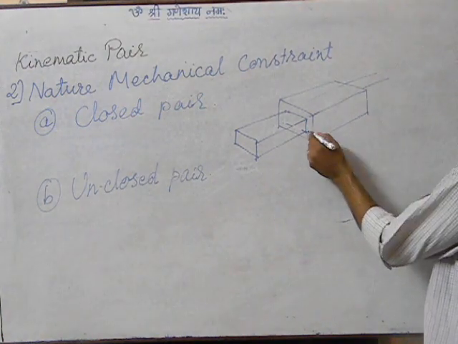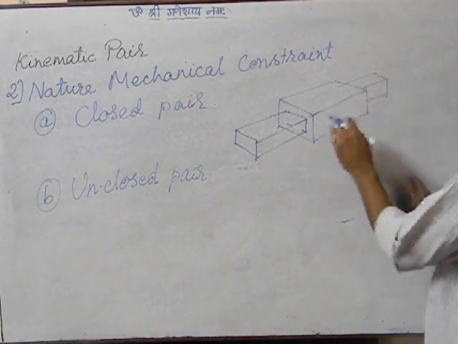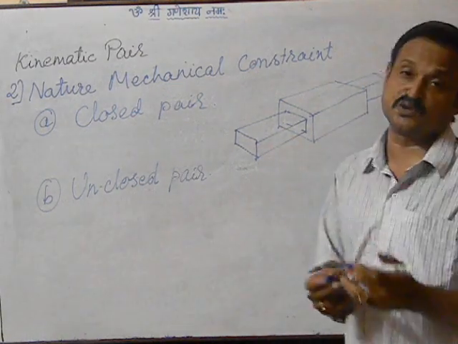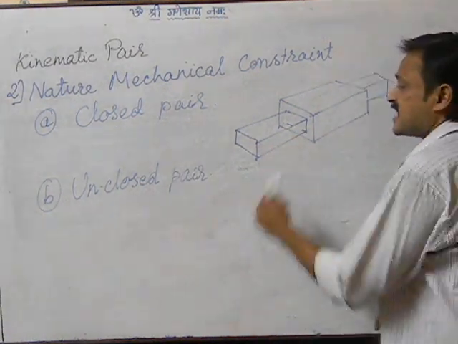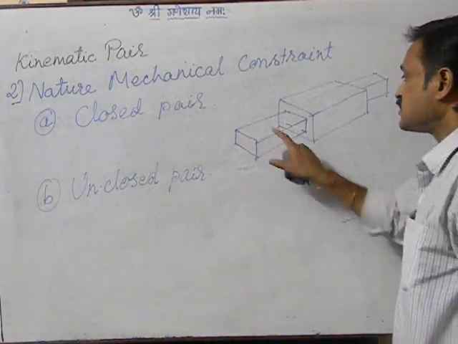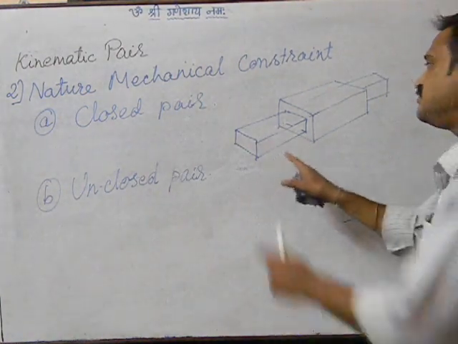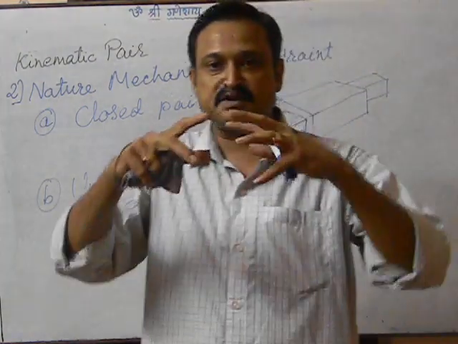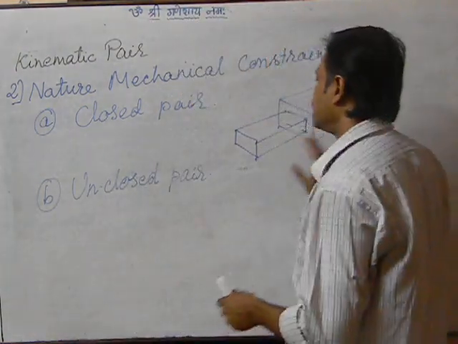The mechanical arrangement between these two is such that in whichever direction I apply force, the motion of this body will always be the way it has been placed. So it is absolutely fixed or constrained.